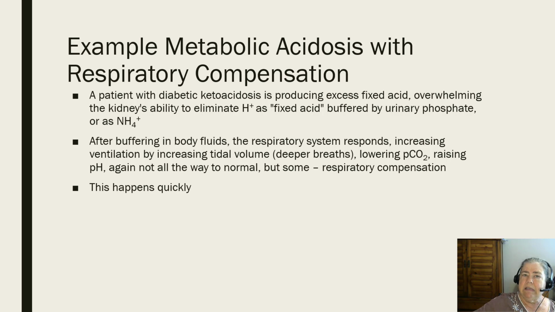If any of you have ever seen somebody in the truck or in the emergency room with diabetic ketoacidosis, they are often breathing quite heavily. It's called Kussmaul's respiration, and it is one of the physical signs of metabolic acidosis, particularly diabetic ketoacidosis.